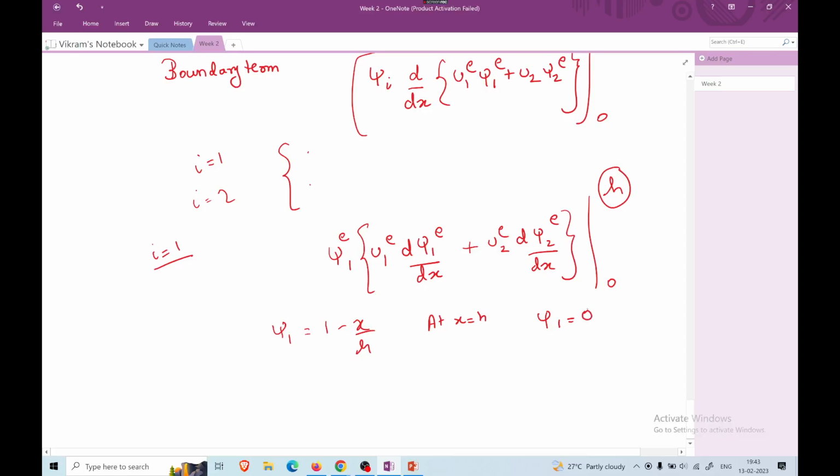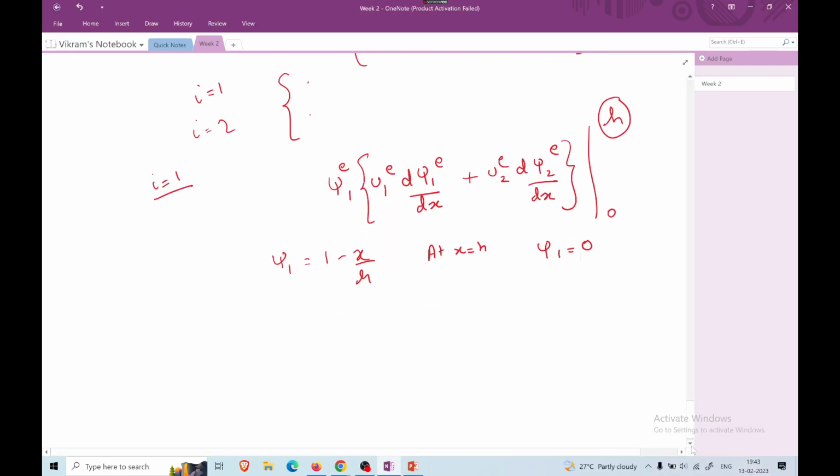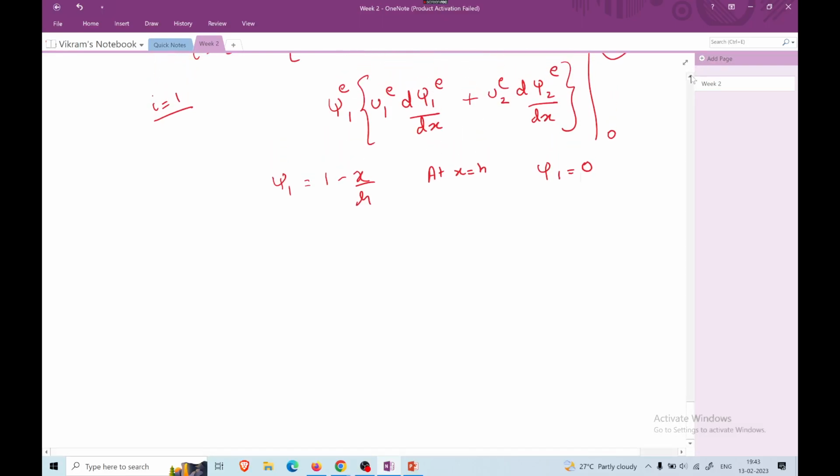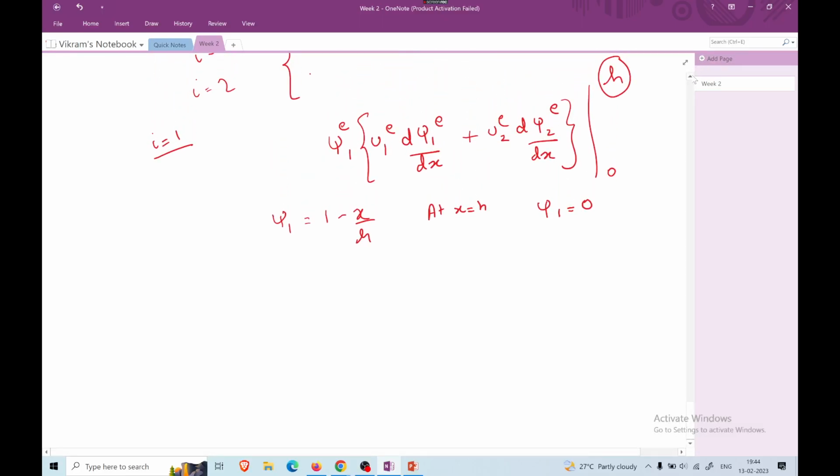So this whole thing cancels out for this h upper term. So I am going to have a minus term. If I say this whole thing is b, then b from 0 to h is equal to b of h minus b of 0, correct? This whole thing is vanishing, because at h your psi 1 is 0. Whatever the inside term is, it will multiply by 0 and give you 0.